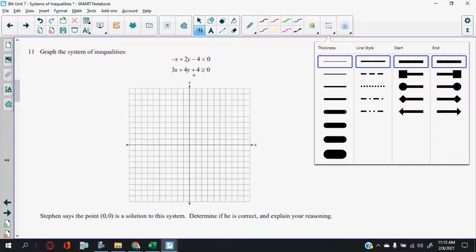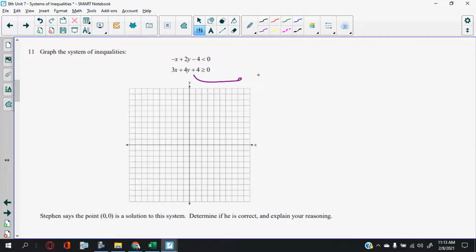The only thing I have to point out is this, slightly tricky. You have to turn this and solve it where it's in slope intercept form. Meaning subtract 3x, right?